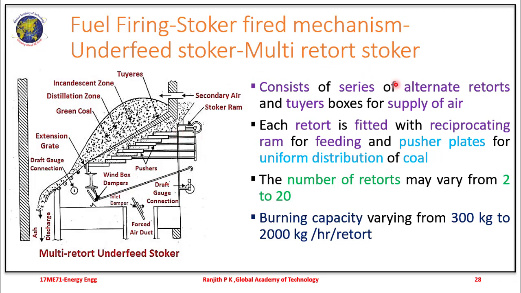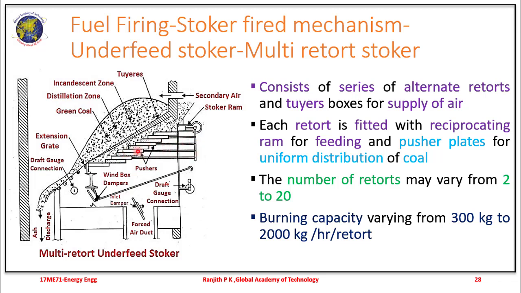In case of a multi-retort stoker, as the name suggests, it is the multi-retort. It consists of a series of alternate retorts and tuyere boxes for supply of air, as shown here. You can see many systems. So each retort is fitted with a reciprocating ram for feeding and the pusher plates for uniform distribution of fuel.